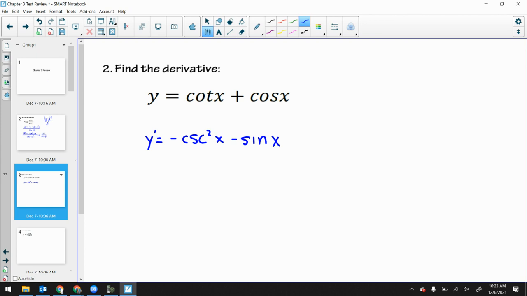Can we do anything more with that? No, I don't think so. I mean, I may try to look at some identities, but you can take out a negative 1, make it cosecant squared x plus sine of x. But I don't think that would be useful. Cosecant squared is 1 plus cotangent, but again, that doesn't do anything either.